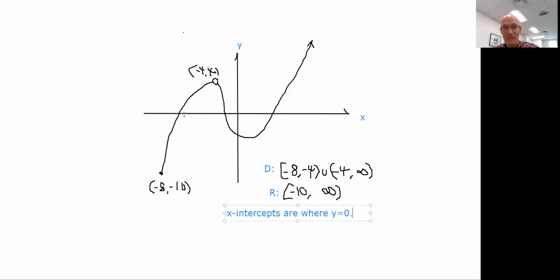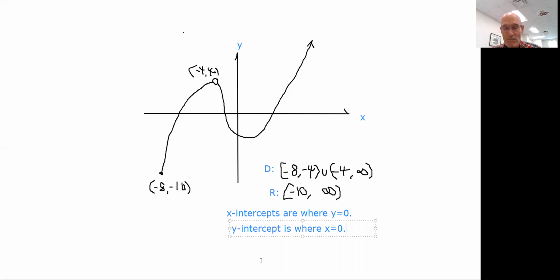One would be here, probably at about -6. One would be here somewhere at -2, and one would be over here. And then my y-intercept, because I will only have one, occurs where x equals 0, okay?